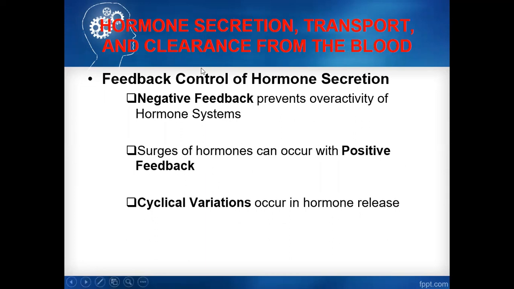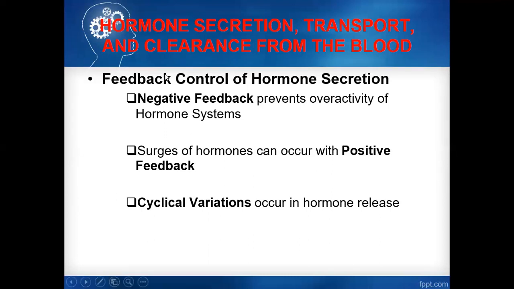We term it negative feedback if we want to prevent further secretion of the hormone. We term it positive feedback if we want more secretion, more production of that particular hormone.